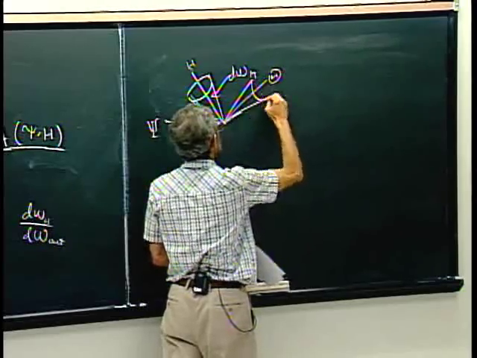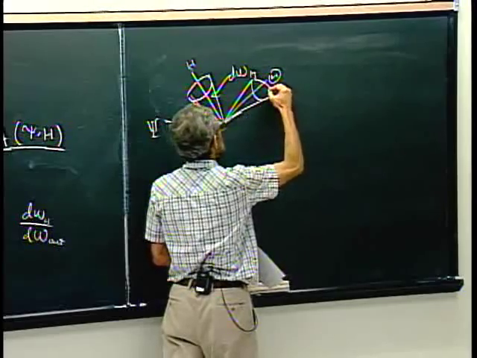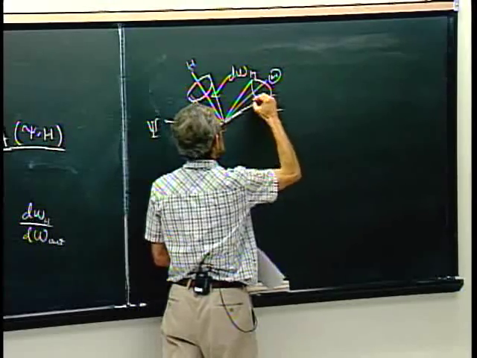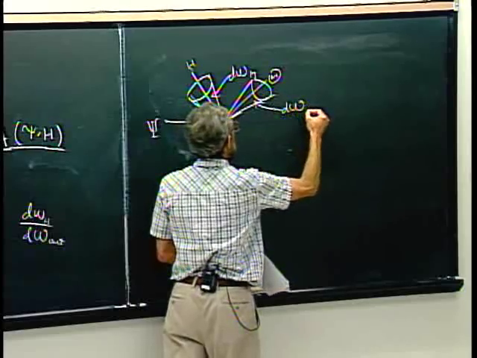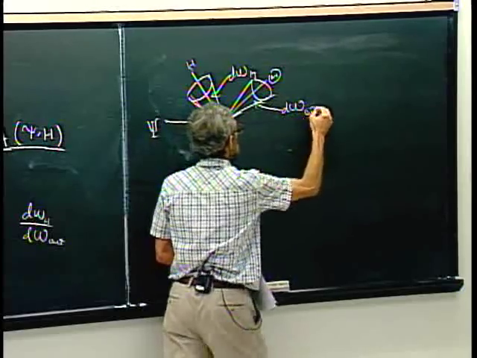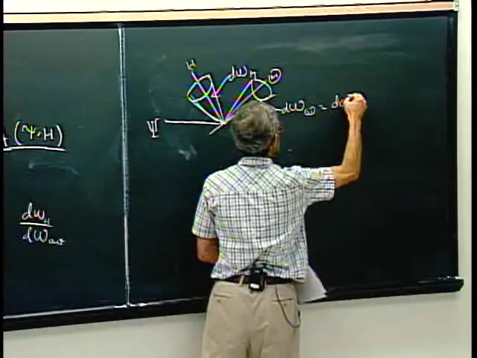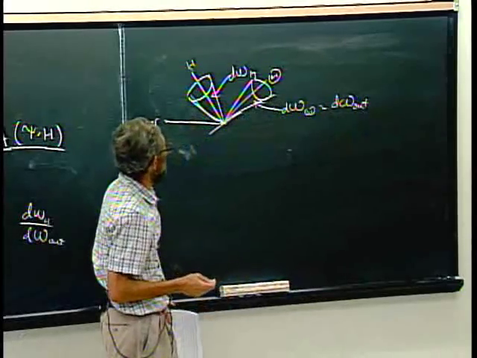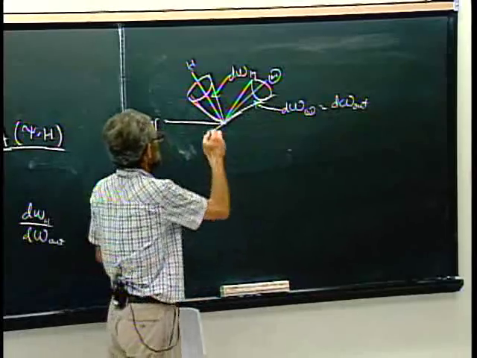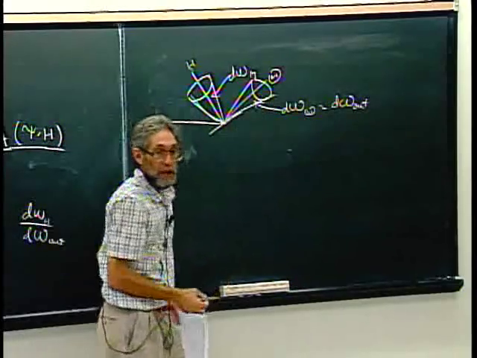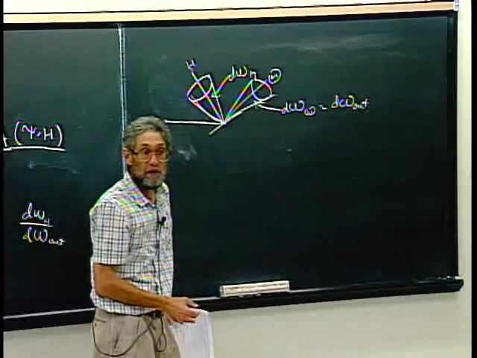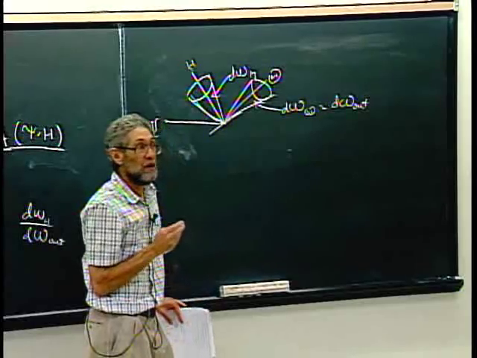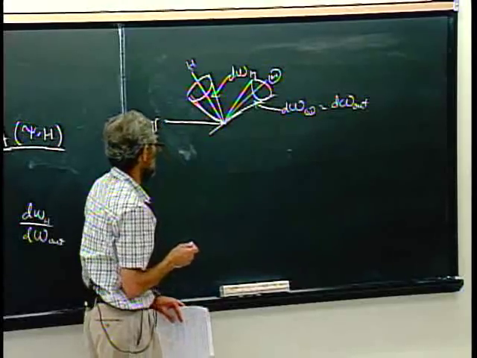And I have a resulting cone around here, d omega for theta, which I've been calling d omega out. How big is that? Obviously, if I make this thing bigger, that thing is going to get bigger. But what's the ratio? So we can actually compute the ratio with trigonometry.